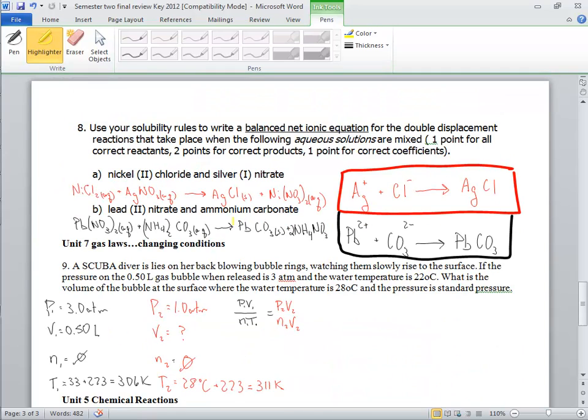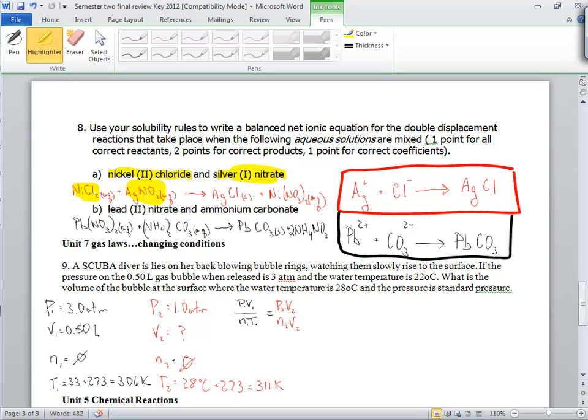Number 8 is about solubility rules and how to apply what you learned about solubility rules and double replacement reactions to write net ionic equations. So if you look here, nickel 2 chloride, that's nickel 2 chloride right there, and silver 1 nitrate, these are in aqueous solution.